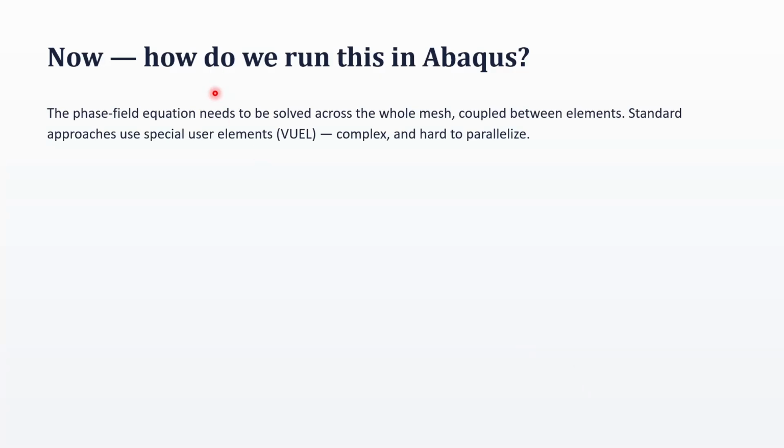Now, how do we run this in Abaqus or a commercial finite element software? I use Abaqus. The phase field equation needs to be solved across the whole mesh, coupled between elements. Standard approaches use special user elements, VUEL, which is complex and hard to parallelize.